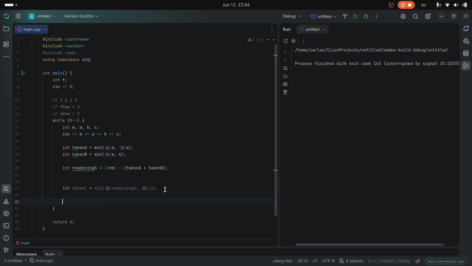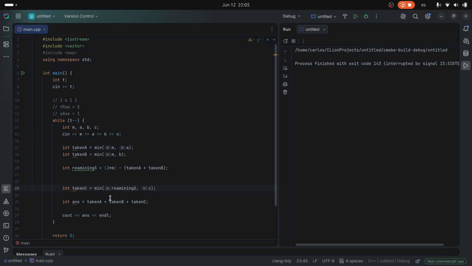And then the final step is to call answer takenA plus takenB plus takenC. This gives us our answer and we can print it just like this.